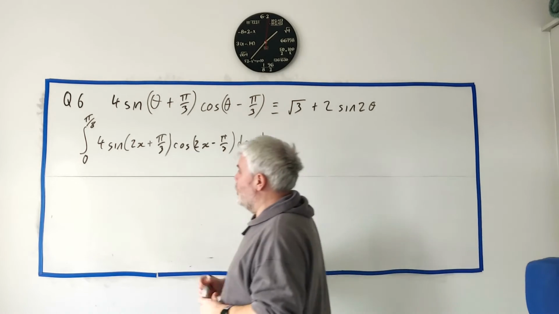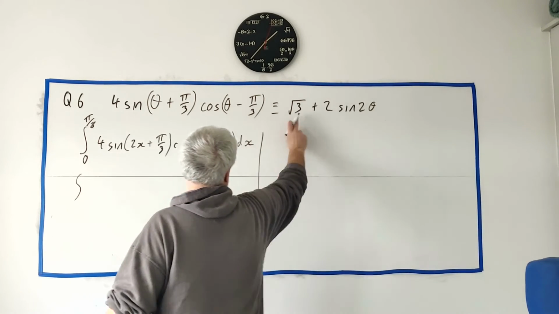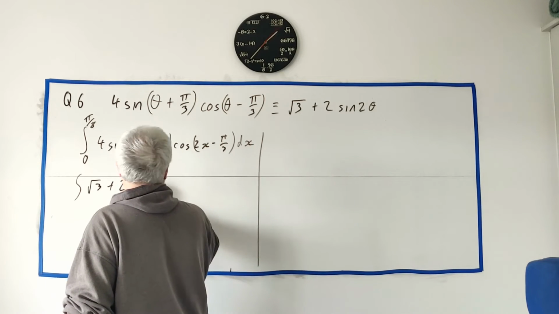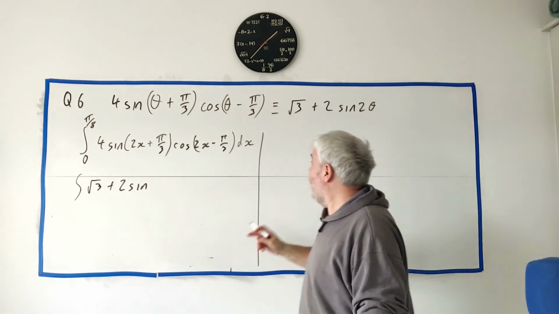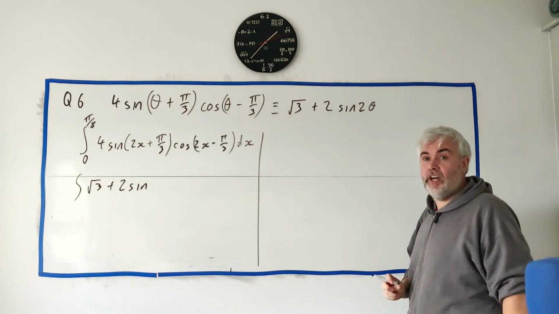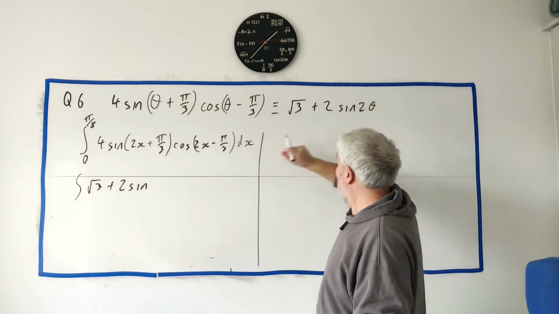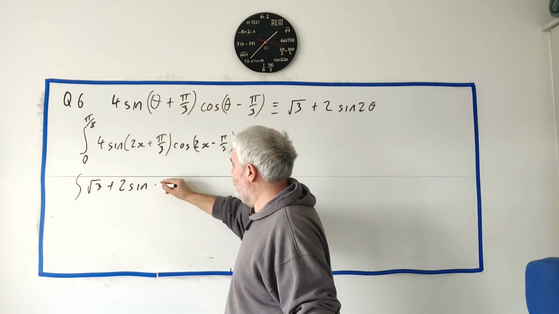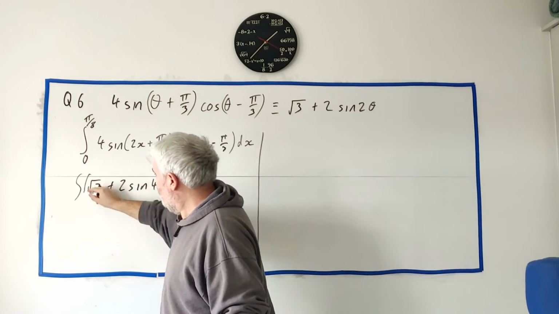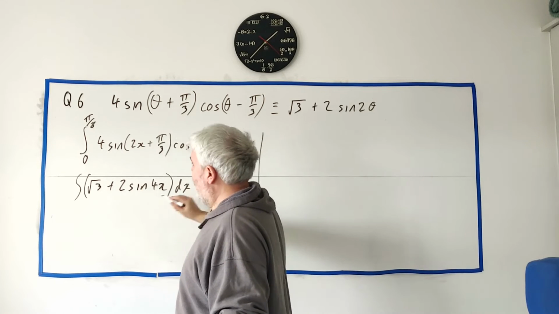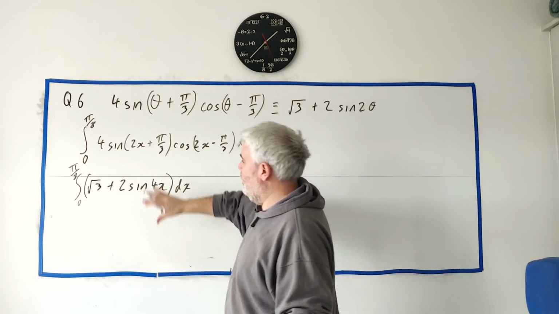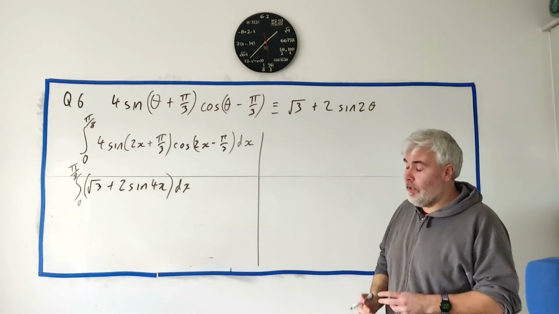So instead of this function, I can write the integral of square root of 3 plus 2 times sine, instead of 2 times theta, it's 2 times 2x. So 2 times 2x is 4x. Put that into a bracket, dx, and 0 to pi over 8. Okay, instead of that integral, this is the integral we're going to be doing.